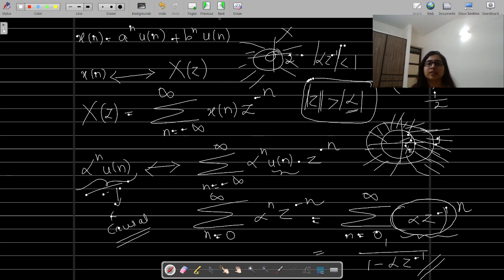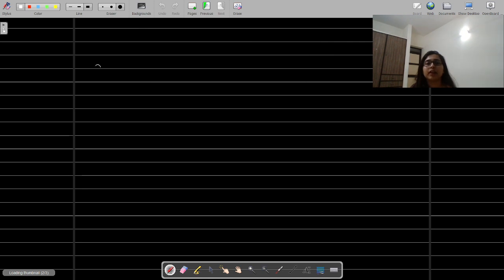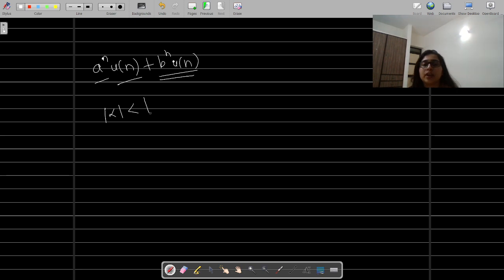So in this case, they have given a to the power n u of n plus b to the power n u of n. Both are right sided sequences because of u of n. Okay, you need not solve this question completely, just by seeing the sequence and the magnitudes you can directly write that mod z is greater than mod b, because the ROC will be outside the outermost pole for a right sided sequence.